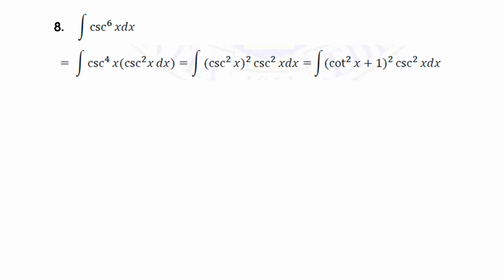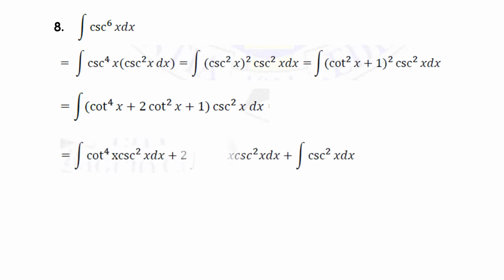And after doing that, we expand our cotangent squared x plus 1 and the whole quantity squared. So expanding that, we get here cotangent raised to 4 of x plus 2 cotangent squared x plus 1, but we have to multiply that by cosecant squared x. And that will be our integrand for the second line of solution.